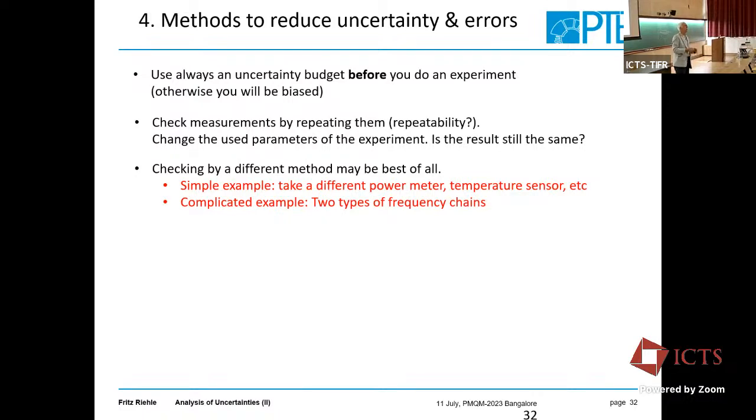And it's not so important looking at the uncertainty budget in much detail. But this we call sometimes intellectual phase locking. We lock our behavior to a result that is not correct. So you have to establish an uncertainty budget before you do an experiment.